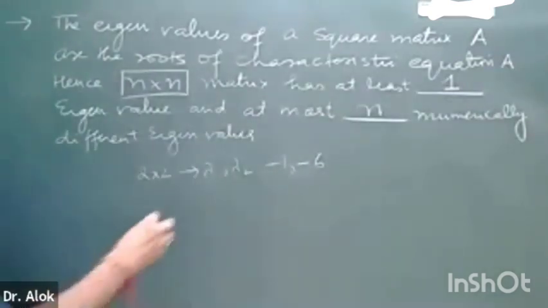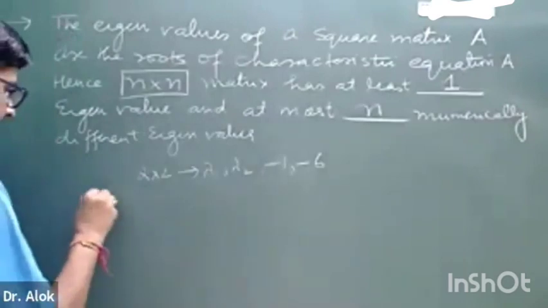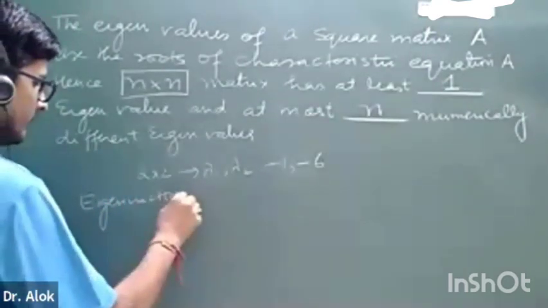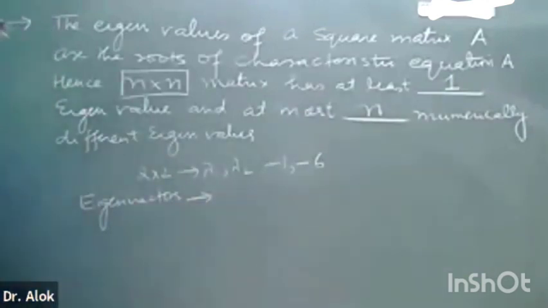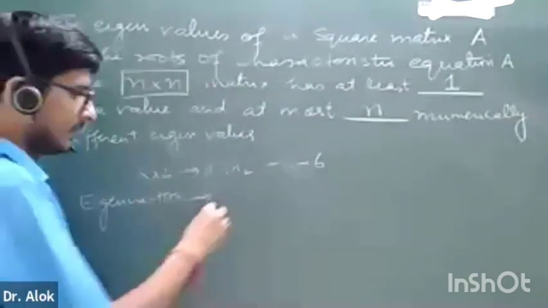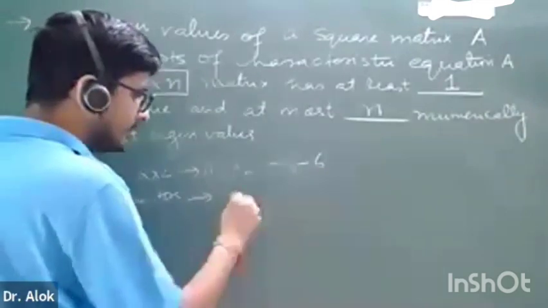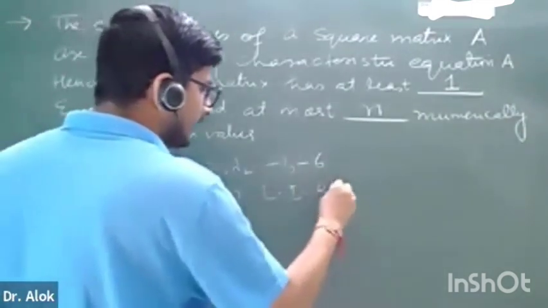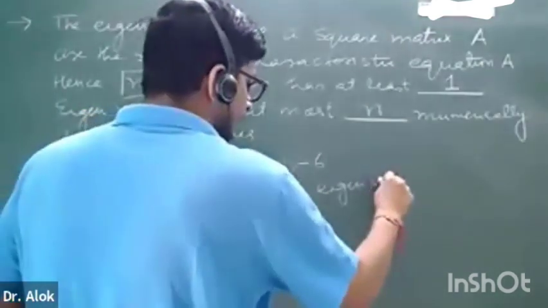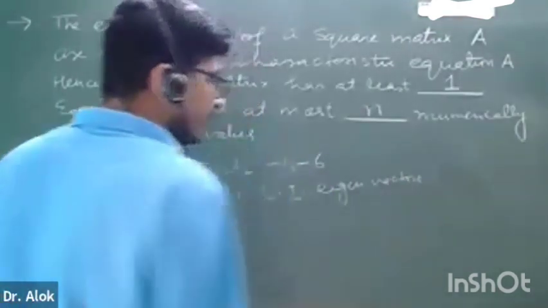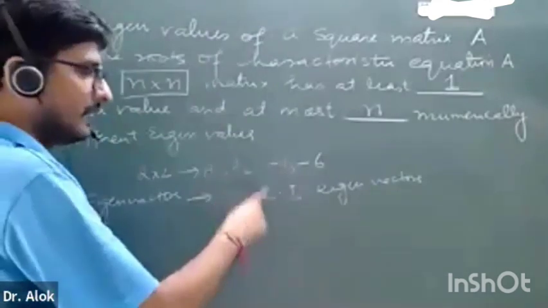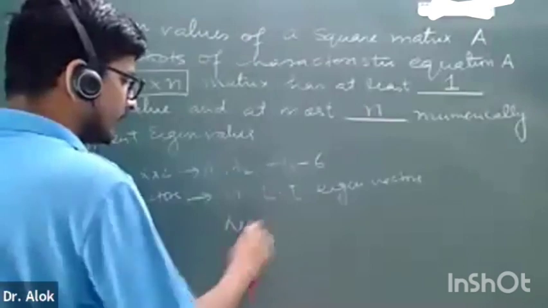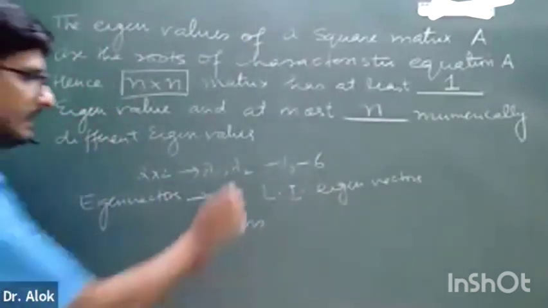And what about the eigenvectors? We may have n linearly independent eigenvectors, or suppose the values are same, so we may have less also. Please understand this.